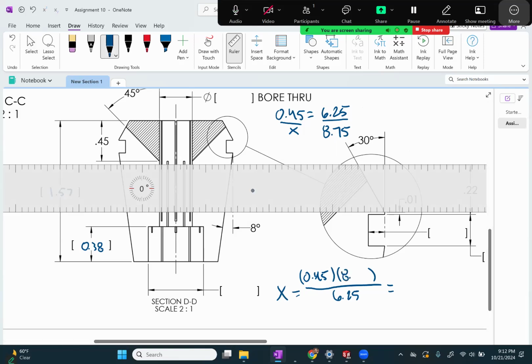So then 8 3/4. Let's do some math again. 0.45 times 8.75 divided by 6.25. So the number that gives is 0.63.